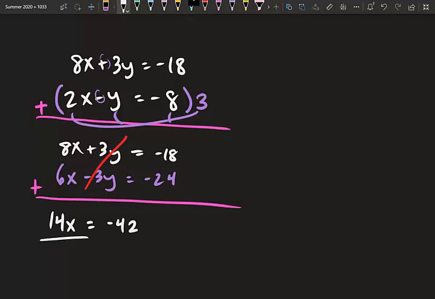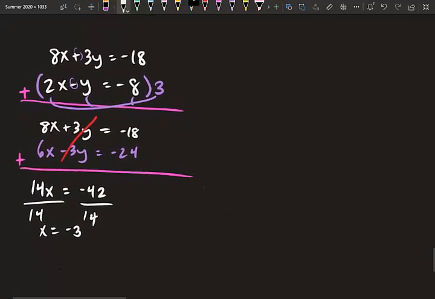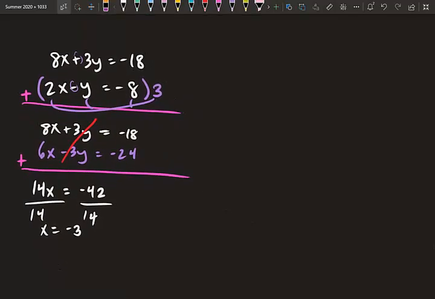Now we solve. So divide by 14, and we get x equals negative 3. So now we have to plug it back in. We can plug it back into one of these. I'm going to plug it back into the bottom one. So 2x minus y equals negative 8. So 2 times negative 3, minus y equals negative 8.